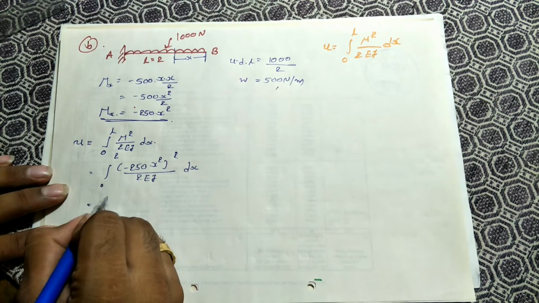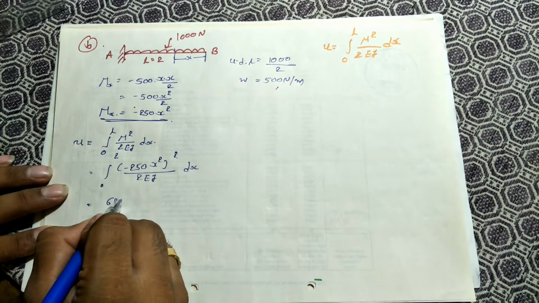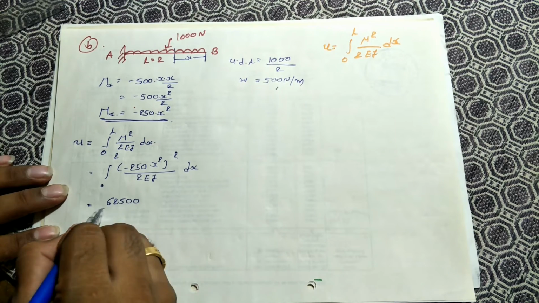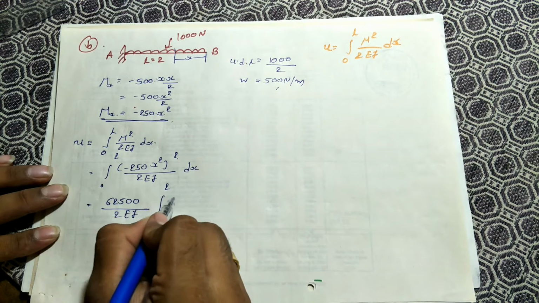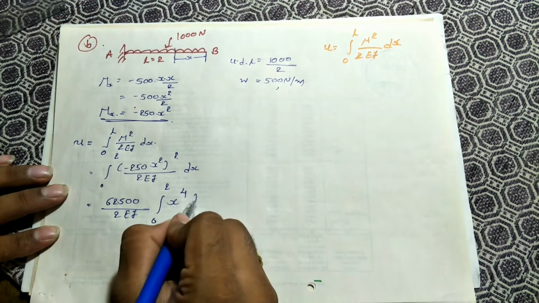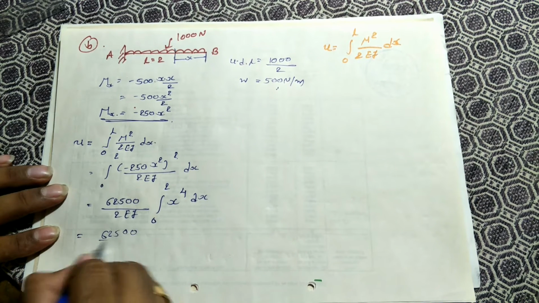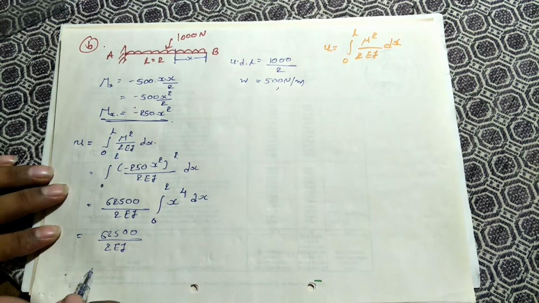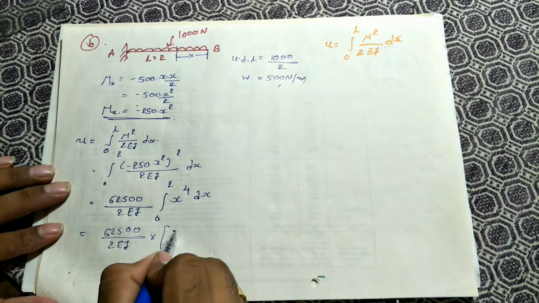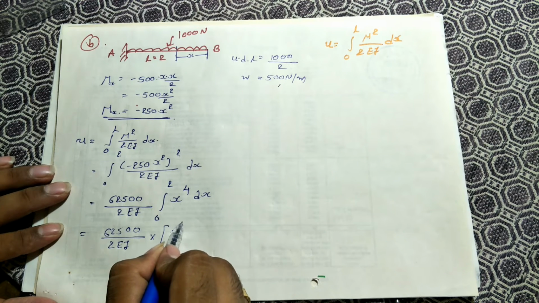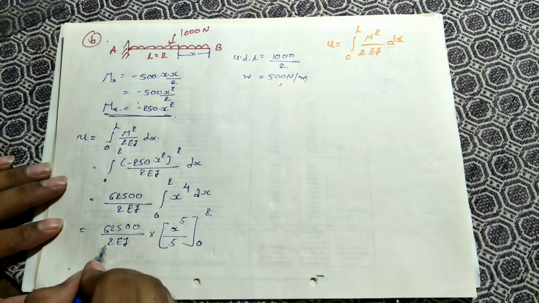Okay, so if we take common this part, 250 square, that is 62500 divided by 2EI, and 0 to 2 x raised to 4 dx. If we remove our limit, then 62500 divided by 2EI, into x raised to n plus 1 divided by n plus 1. So this is 4 plus 1, 5, divided by 5, 0 to 2.